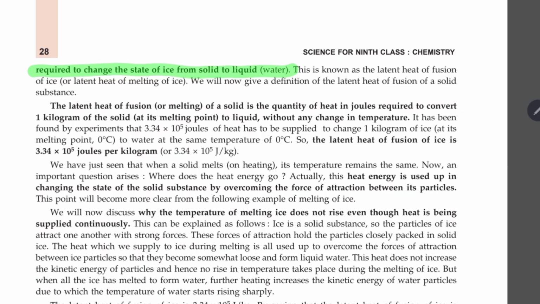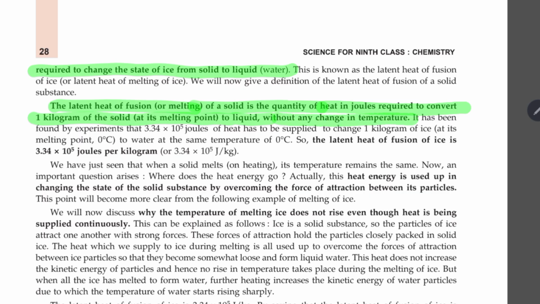And now we need to see the latent heat of fusion or melting of ice as a technical definition. It is the quantity of heat in joules required to convert 1 kilogram of solid at its melting point to liquid without changing the temperature.